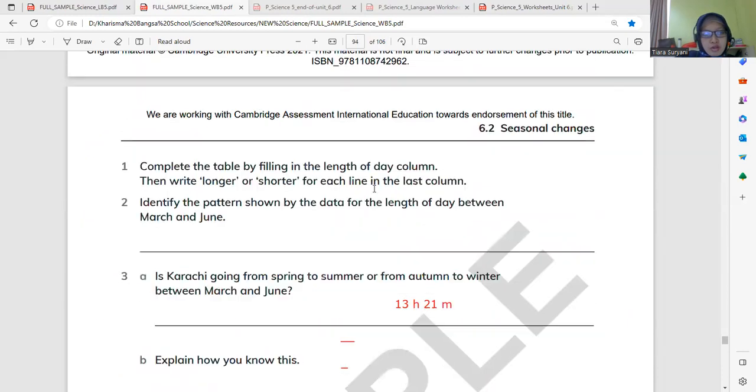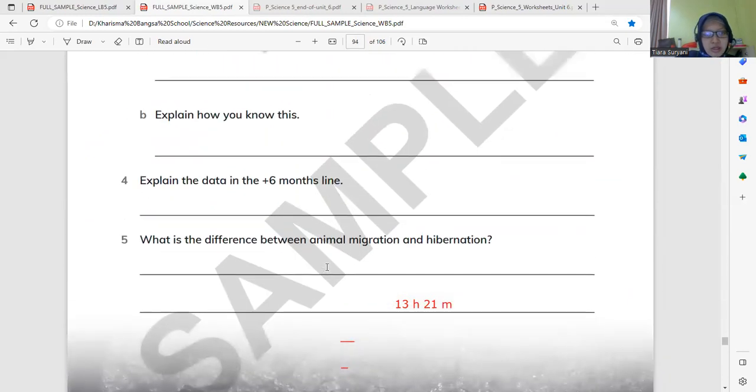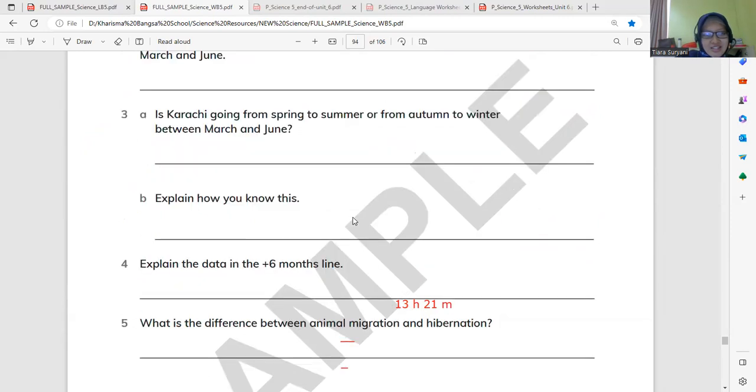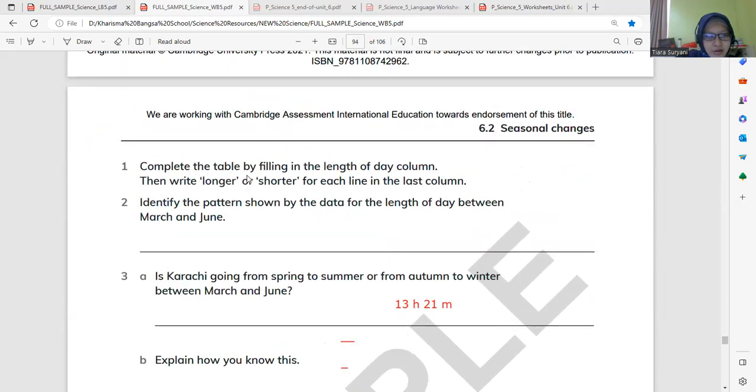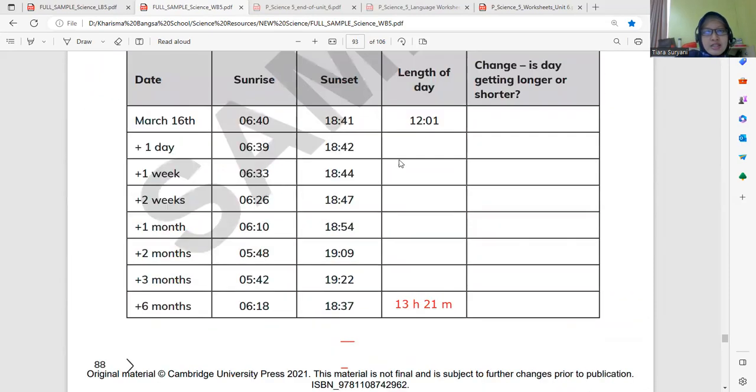We already discussed this one. If you still remember, all of them are getting longer, except this one, it's getting shorter. For the last one, we have to guess what season, it's longer.